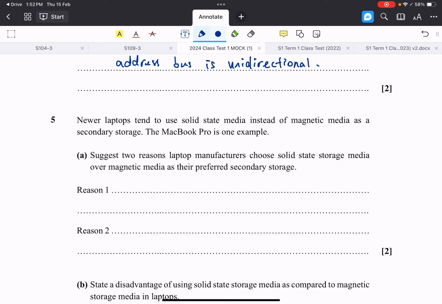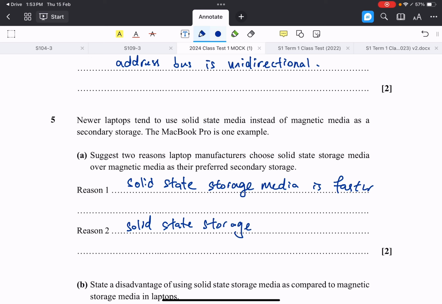Well, I can say that the solid-state storage media is faster, right? Generally, it's faster. Okay, so that's one reason. You can also say that the solid-state storage media uses less power, right?